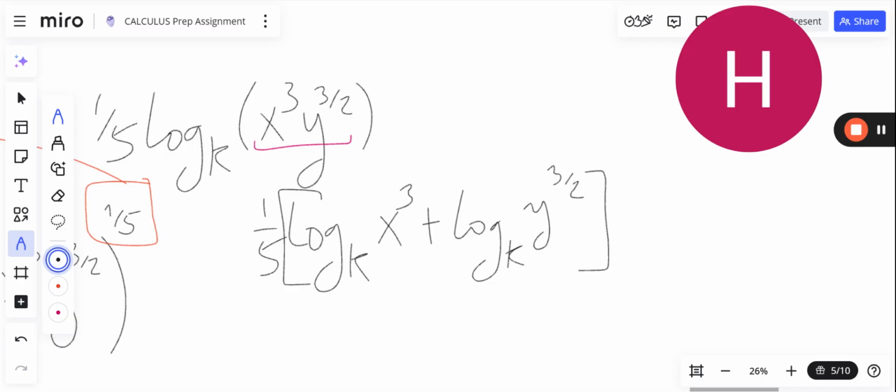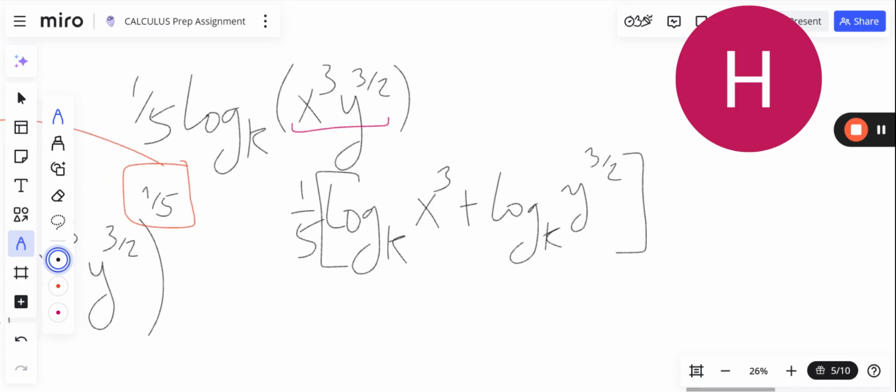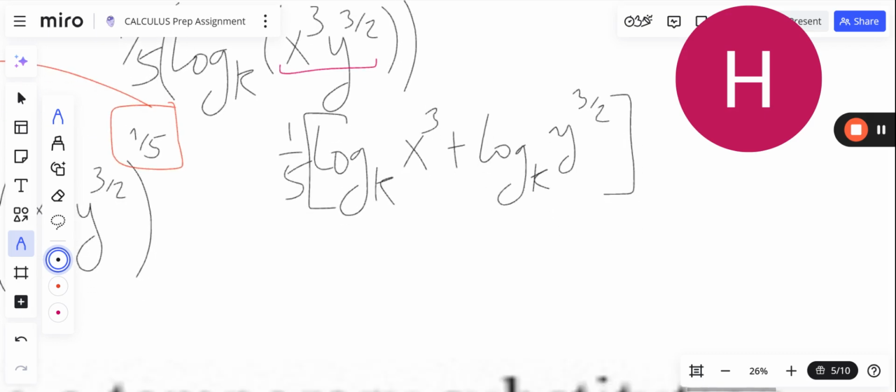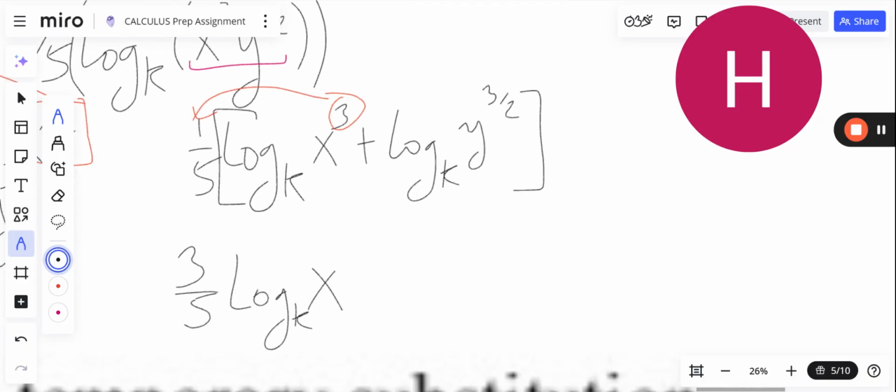And the reason I put this in brackets is because the 1/5 needs to multiply this whole thing. Therefore, the 1/5 needs to multiply the expansion. We'll use the power property as well. One more time. So when we distribute the 1/5 to the first expression, we'll have 3/5 log k of x.